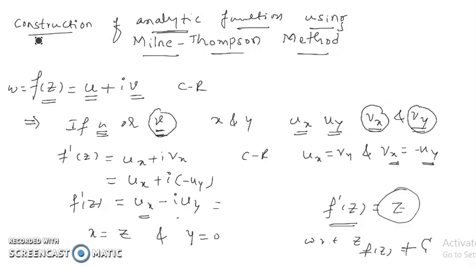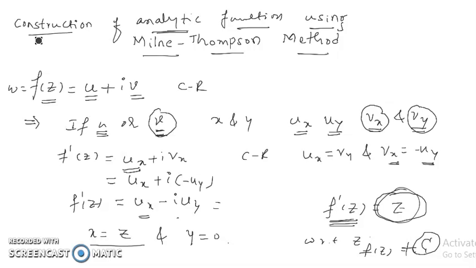Again, with the help of the CR equations, u x is equal to v y and v x is equal to minus u y, instead of u x we replace with v y here, and in the same way we simplify, and then substitute with the help of Milne-Thomson method, x is equal to z and y is equal to 0. Then we get f dash of z purely in terms of z. Then we integrate this f dash of z with respect to z, and we get f of z plus integral constant c. That is the analytic function we are going to get.